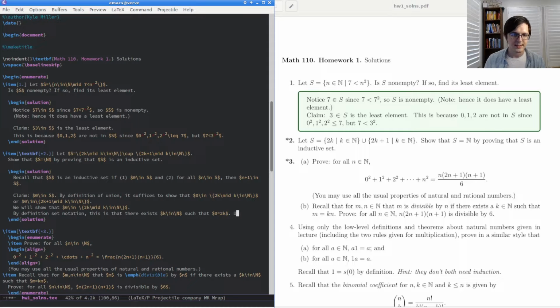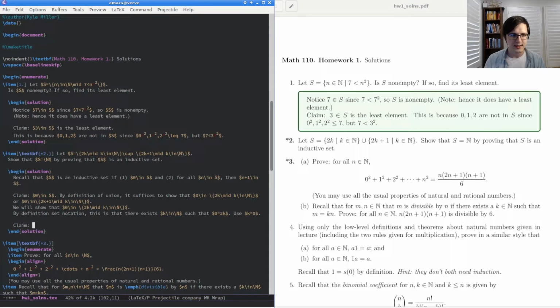And then let's use k equals 0, and that is that. So the next claim is the second part of an inductive set.